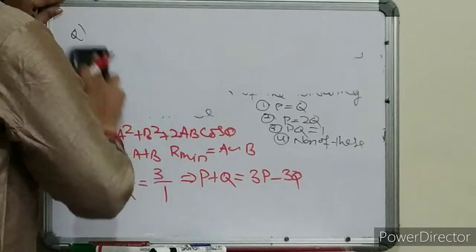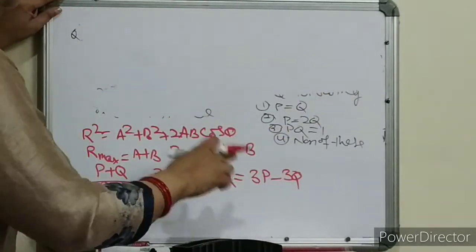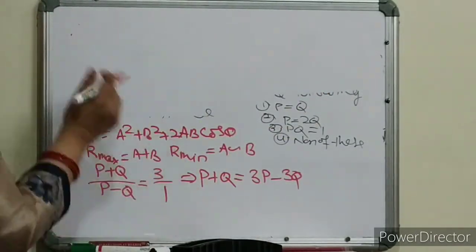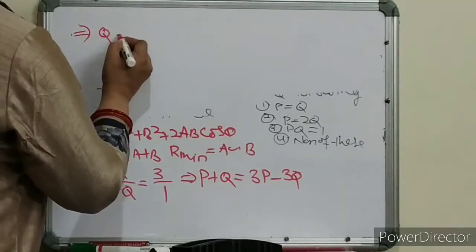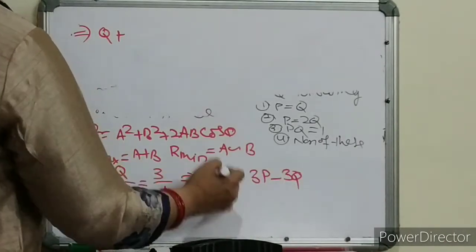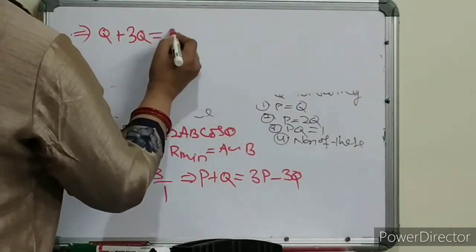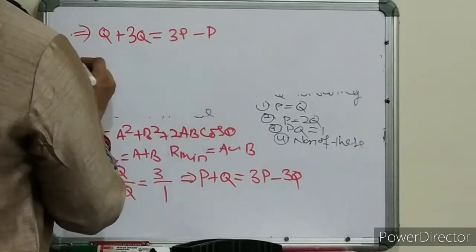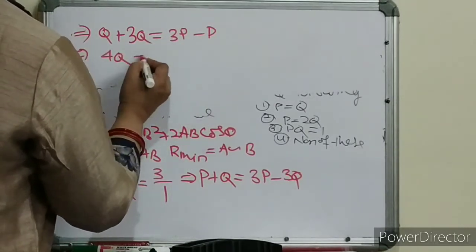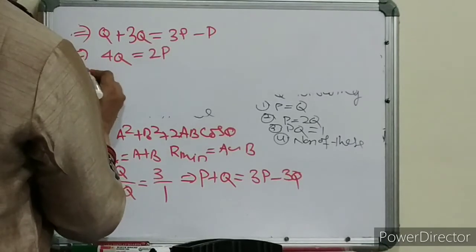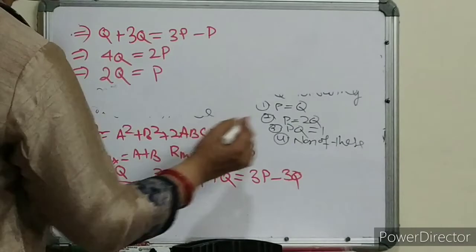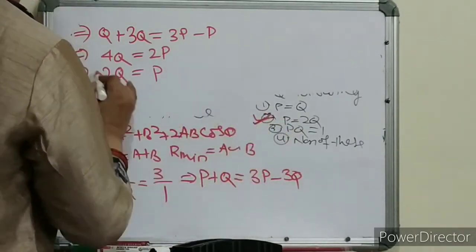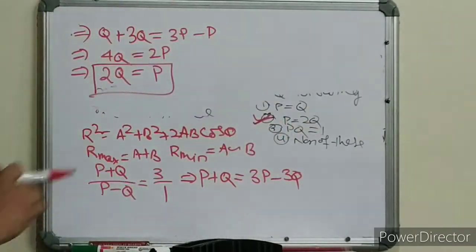Take this 3Q to this side, so 4Q is equal to 2P. That means 2Q is equal to P. See this relation, second option. Clear, children? This is an easy one.